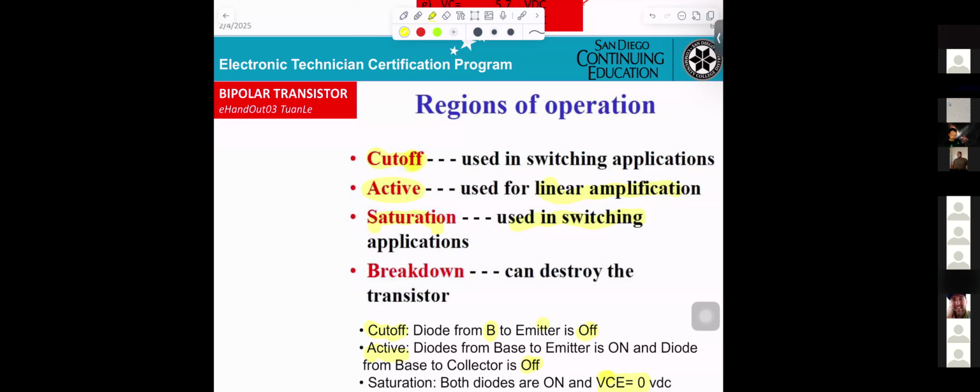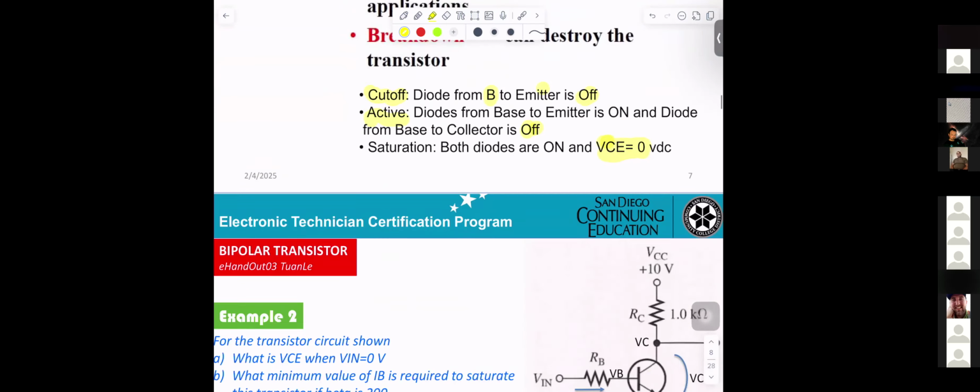Basically, they bring it up to you in general how we can use the transistor, for cutoff or for active or for saturation, and for each one, they will be applied to whatever you want to do.